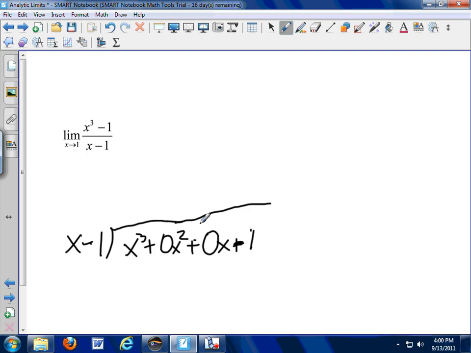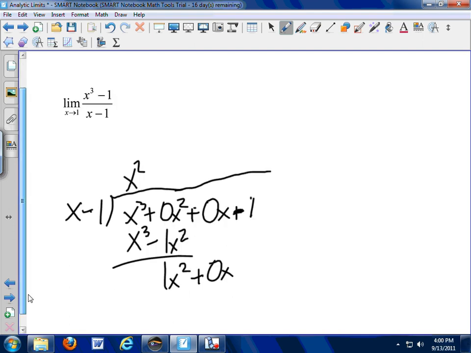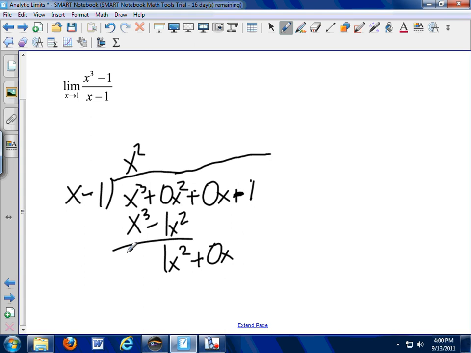It factors x squared, which leaves me x cubed minus 1x squared. Bring it down. Remember, subtract the negative makes it a positive, plus 0x.